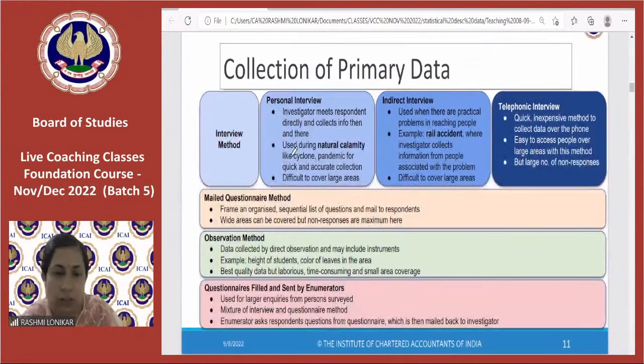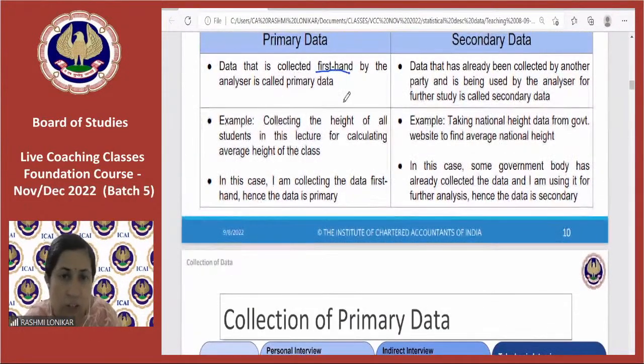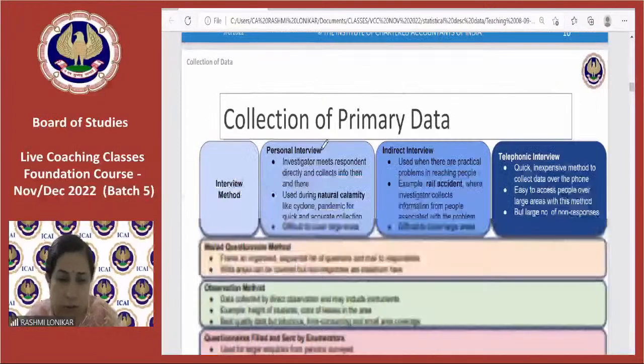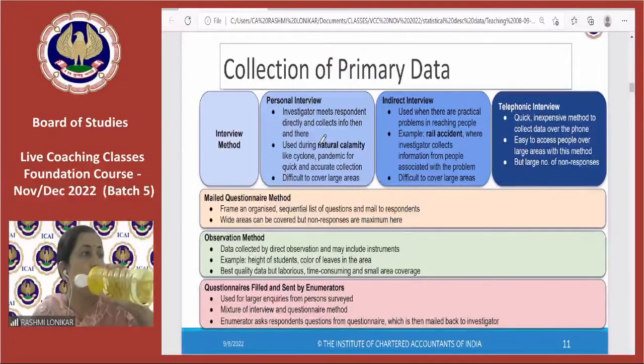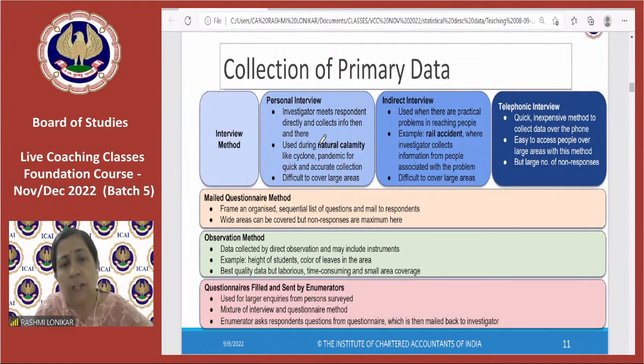How to collect? When I am talking about collection of primary data, I need to understand how I can collect that data. There are 4 methods. First is the interview method.